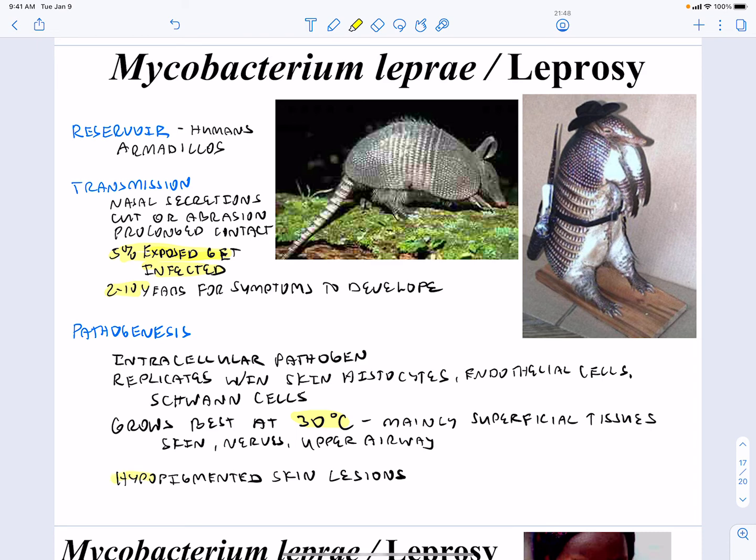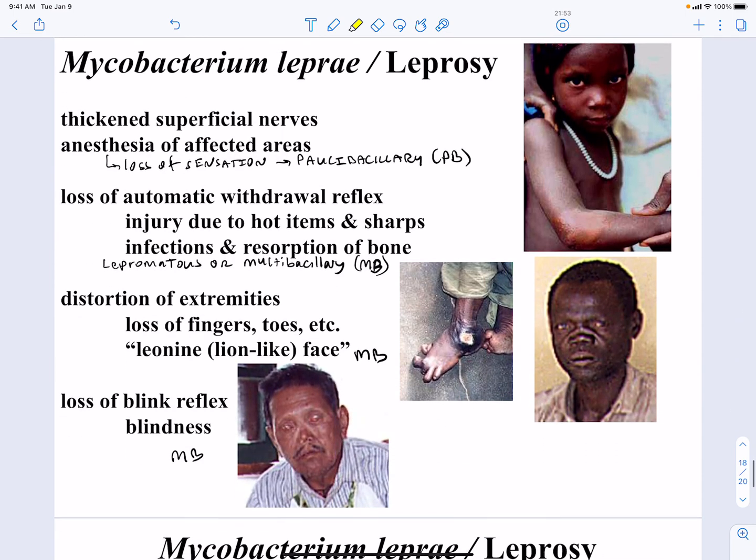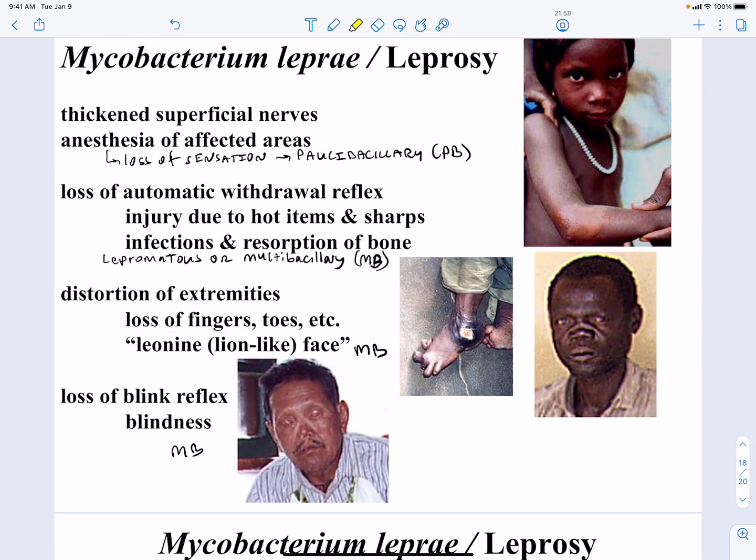One of the first signs is hypopigmented skin lesions that develop on patients. Now, Mycobacterium leprae is going to lead eventually to superficial nerve thickening and a general anesthesia feeling, which means you have a loss of sensation. And so this is the paucibacillary form of leprosy, PB.